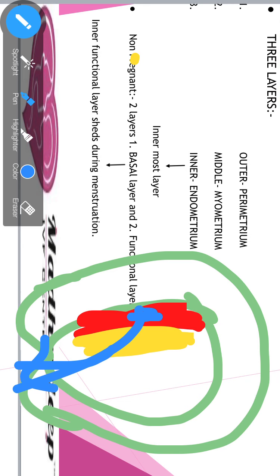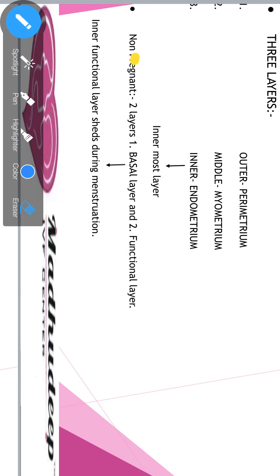So there is damage at the basal layer, and the patient may develop amenorrhea because blood supply will be stopped at this level, so the patient will not get menstruation. After repeated delivery or repeated DNC, many patients suffer amenorrhea due to trauma at the basal layer. Clear? Okay.